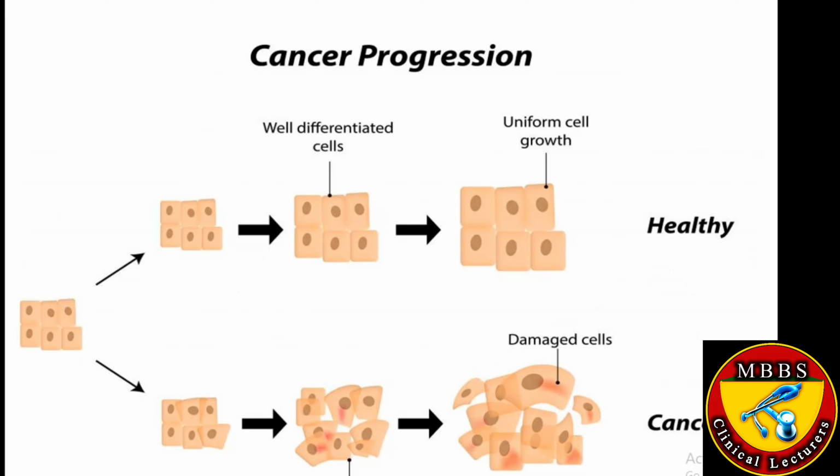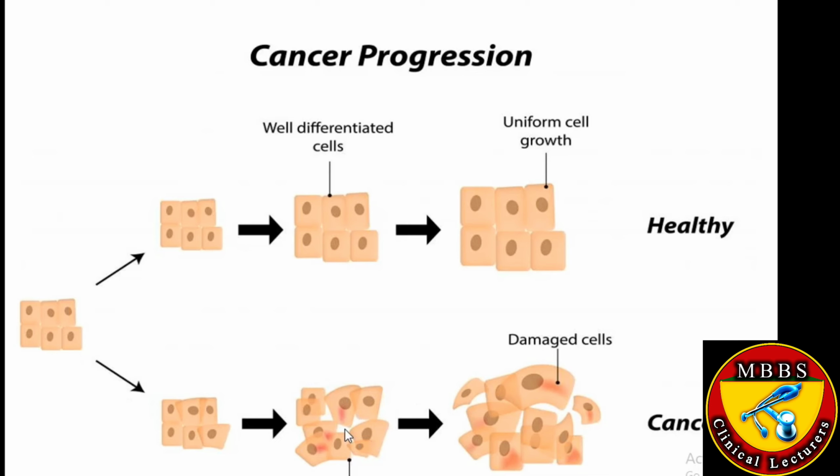But when we talk about cancerous cell division, the daughter cell will definitely differ from the parent cell in both morphology and architecture. The parent cell undergoes uncontrolled cell division.